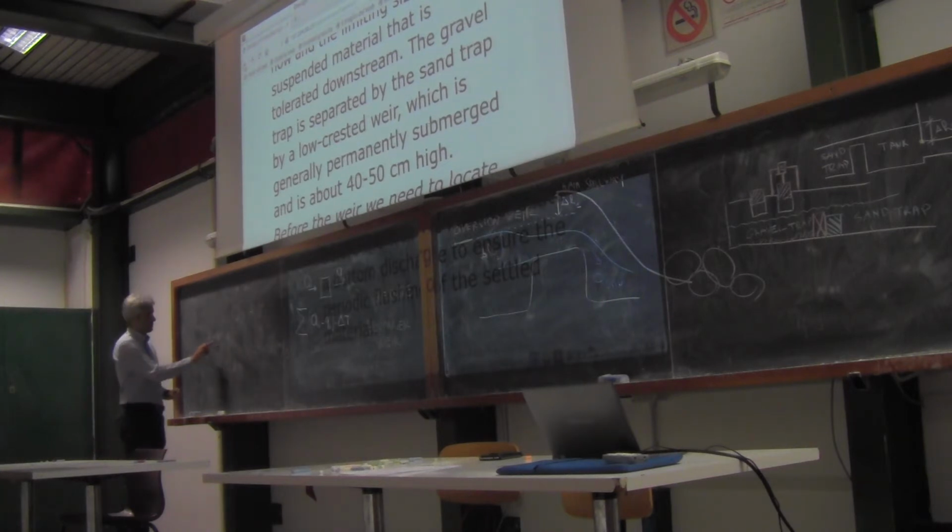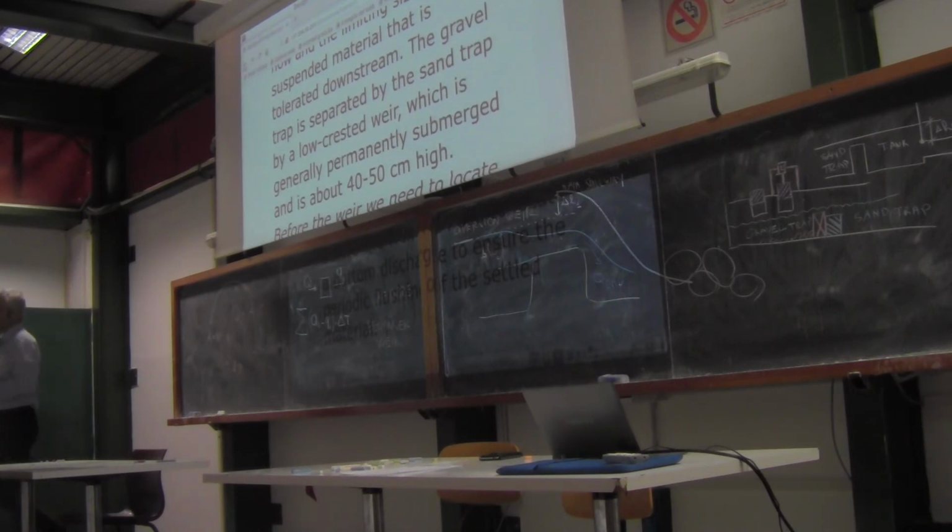And therefore you get the estimate of A from there, and therefore you get an estimate of W. What is an order of magnitude for W? Let's say from 2 to 10 meters, usually.